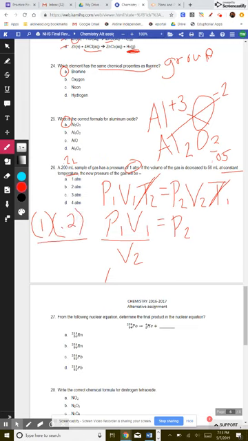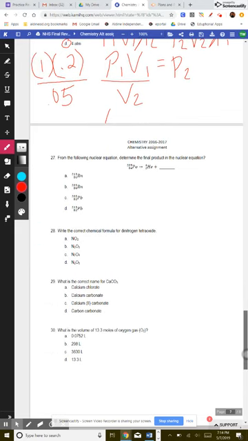And then all over V2, final volume, which is 0.05. Okay, so when I put this into my calculator, I get 4 atmospheres. And that makes sense because as you decrease the volume of a gas, you're increasing the pressure of it as well.